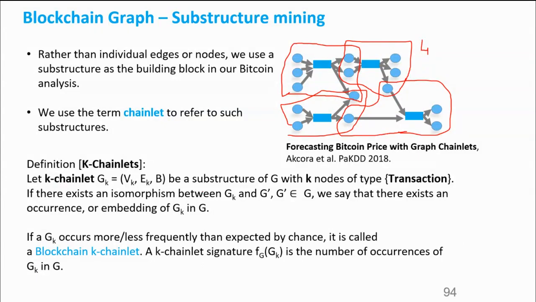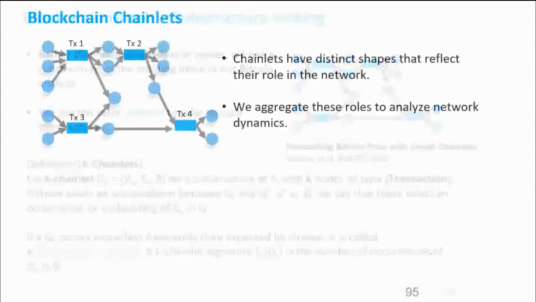We define a k-chainlet as a substructure of a graph with k nodes of type transaction. So in this case, for example, if a chainlet structure appears more or less frequently than expected by chance, we call it a blockchain k-chainlet. And a signature of a chainlet is the number of occurrences of the chainlet in the graph.